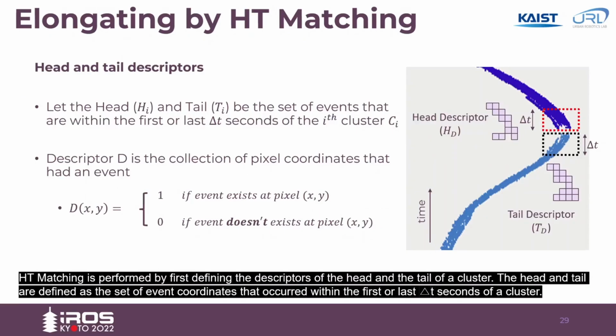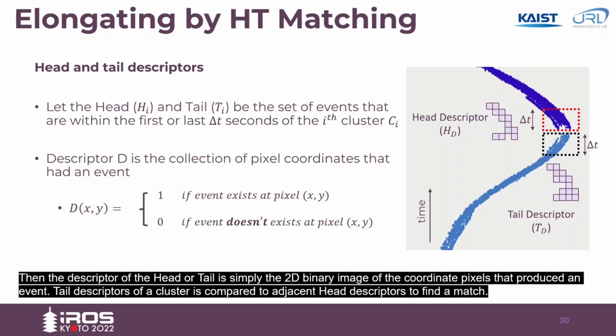HT matching is performed by first defining the descriptors of the head and the tail of a cluster. The head and tail are defined as the set of event coordinates that occurred within the first or last delta t seconds of a cluster. Then the descriptor of the head and tail is simply the 2D binary image of the coordinate pixels that produced an event.